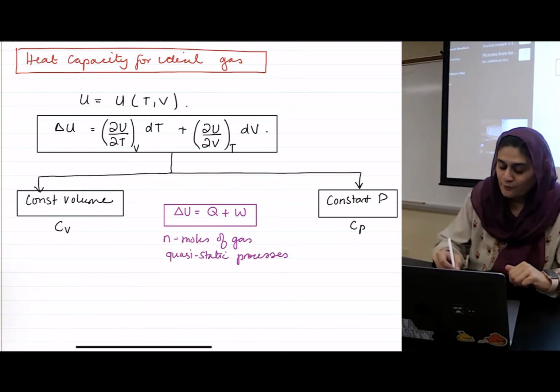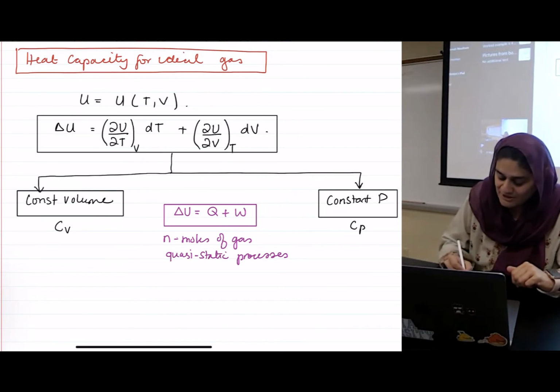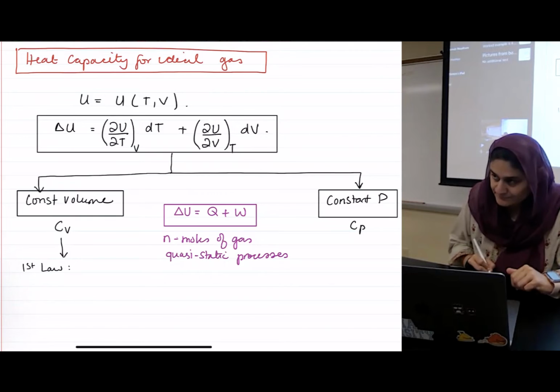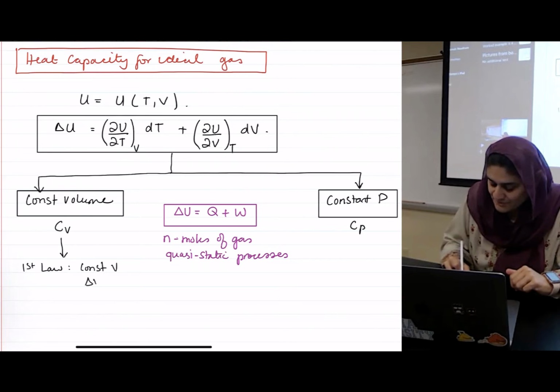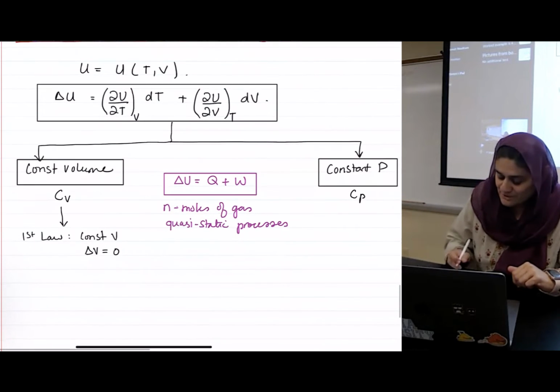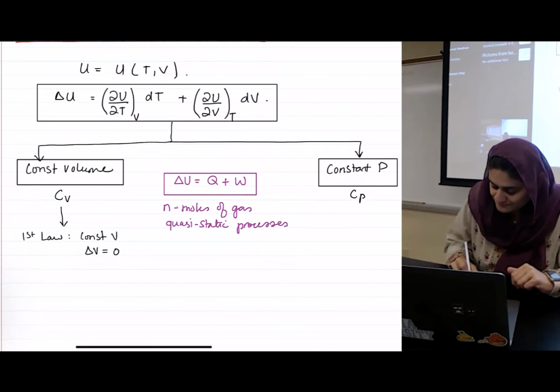Okay. So for our first case, constant volume, what will happen to my first law? It's a constant volume. Somebody said? Who said? Good. Delta V equals 0. So what will my equation reduce down to? Delta U equals Q.